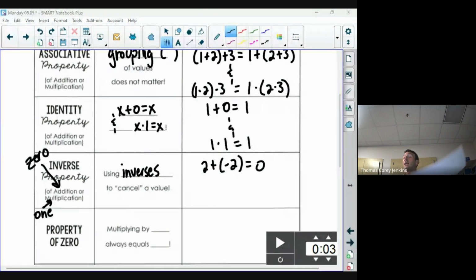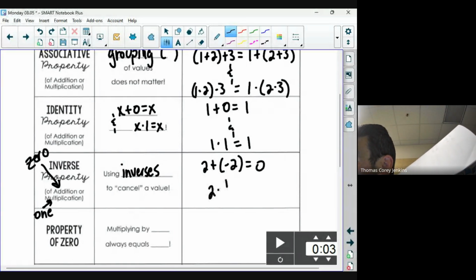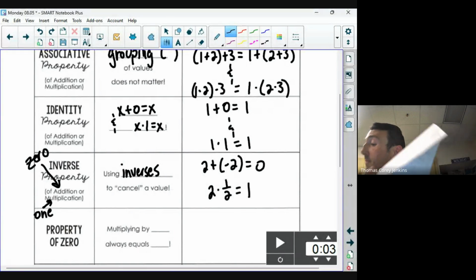And if I took 2 and wanted to multiply by its multiplicative inverse, that would be 1 over 2. So 2 times 1 over 2 is equal to 1. You'll learn this as we go throughout the year, but times 1 over 2 is the same thing as divided by 2. Okay, times 1 over 4 is the same thing as divided by 4.